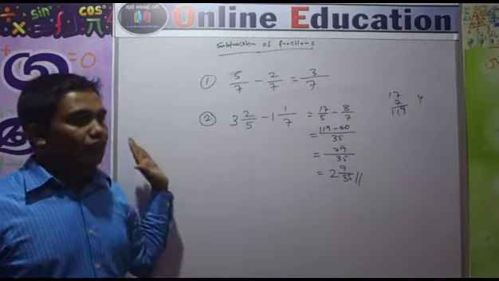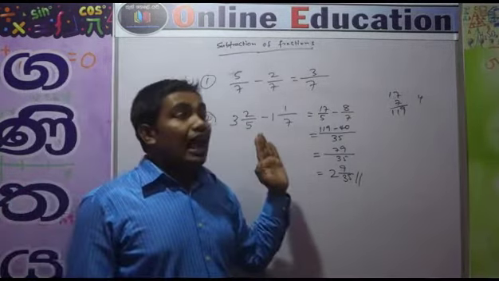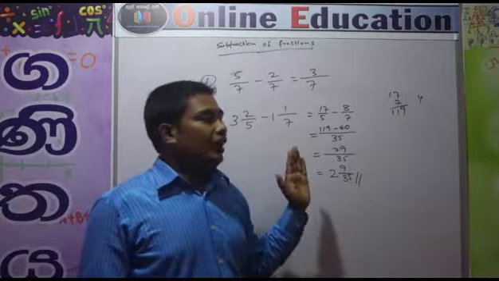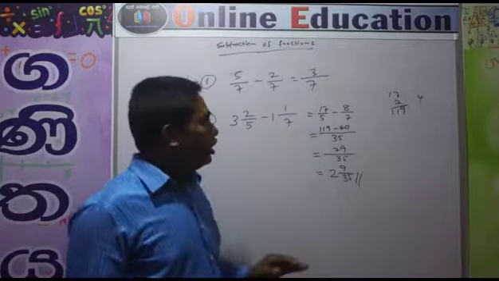This is very easy. If you can do the addition of fractions very well, subtraction you can also do very well, because in addition you add numerators, in subtraction you subtract the numerators. That is the only difference between addition and subtraction of fractions.